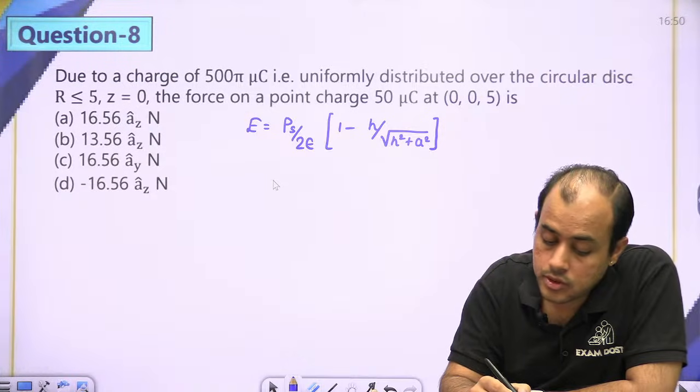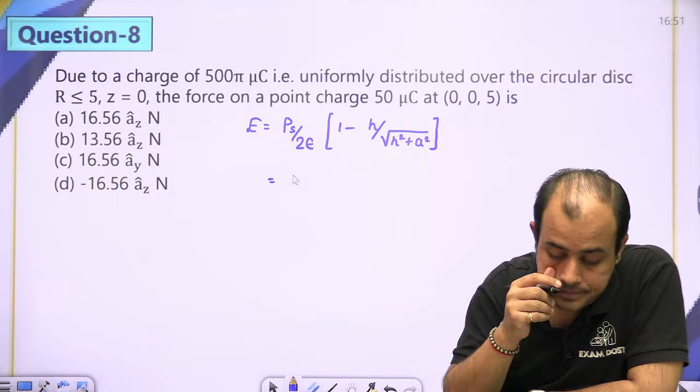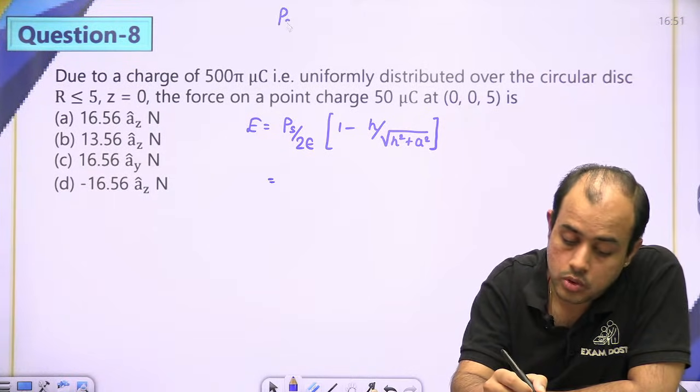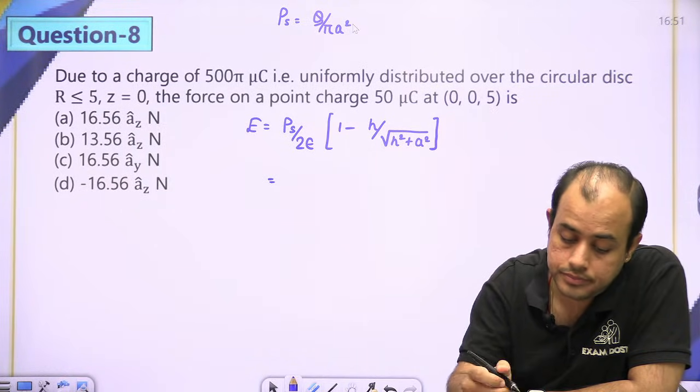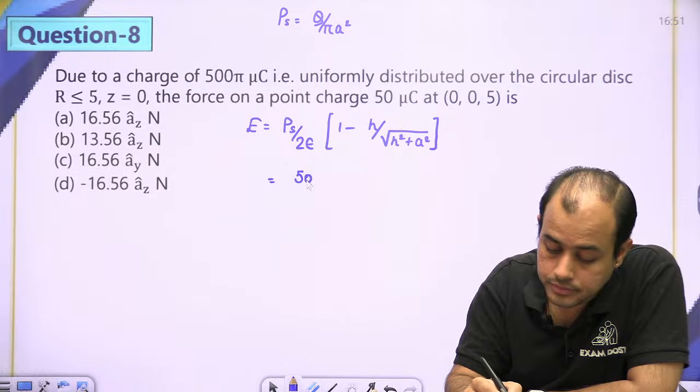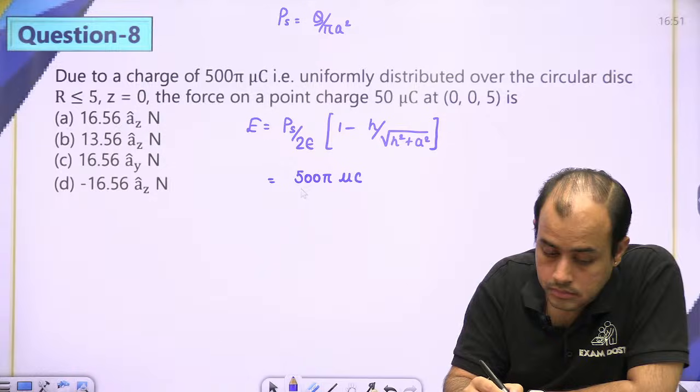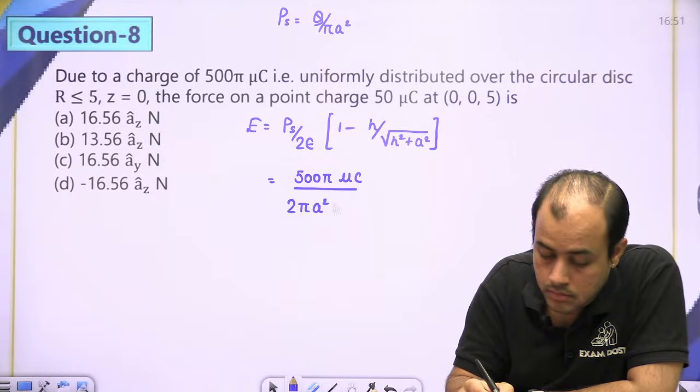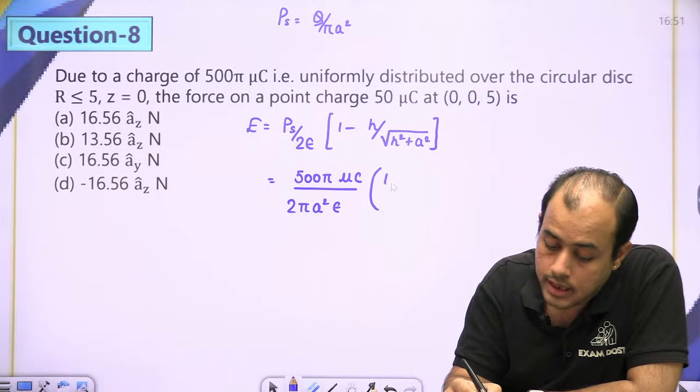So if I can find, beta, rho s will be q by pi r square, and the height of the point is 5 meter.